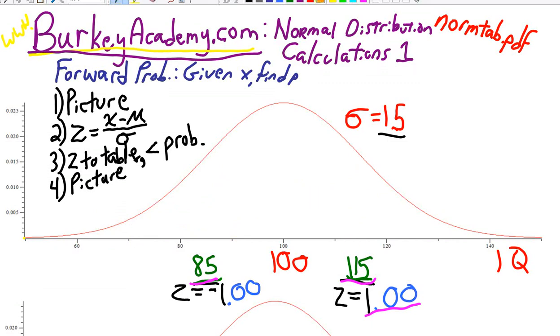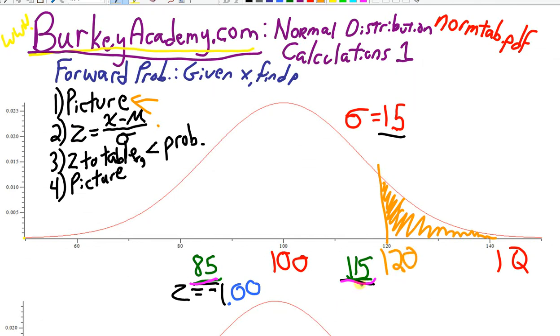What percent of people have an IQ above 120? So first step, draw my picture. That's the probability I'm looking for. Second step, calculate a z-score. Okay, well, the x value is 120.